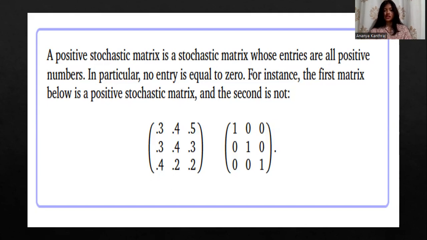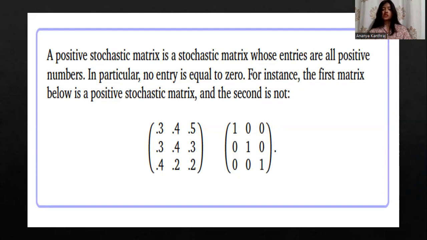Next, let us look into what is a positive stochastic matrix. It is a stochastic matrix whose entries are all positive numbers. In particular, no entry is equal to 0. For instance, the first matrix below is a positive stochastic matrix, and the second one is not. The example is depicted as shown in the slide.